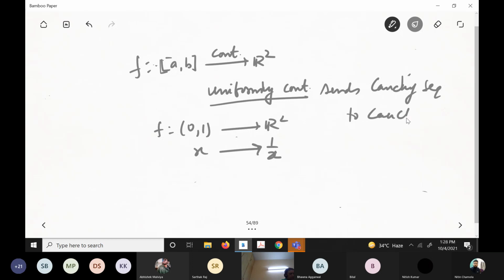Understood? Though convergence may not be true, a uniformly continuous map will always send Cauchy sequences to Cauchy sequences. But here, look, if you use this result, 1 by n is Cauchy, but its image is n, which is not Cauchy. So this is not uniformly continuous.